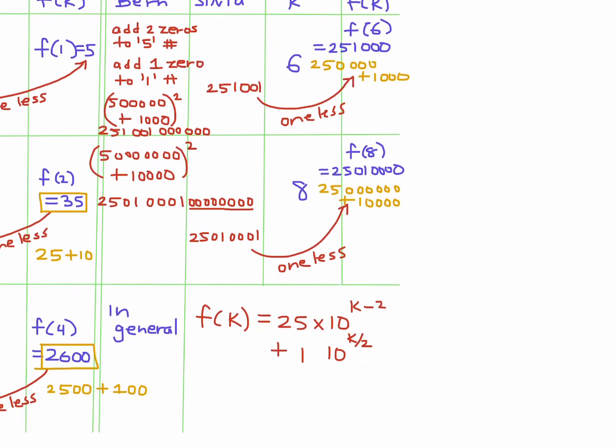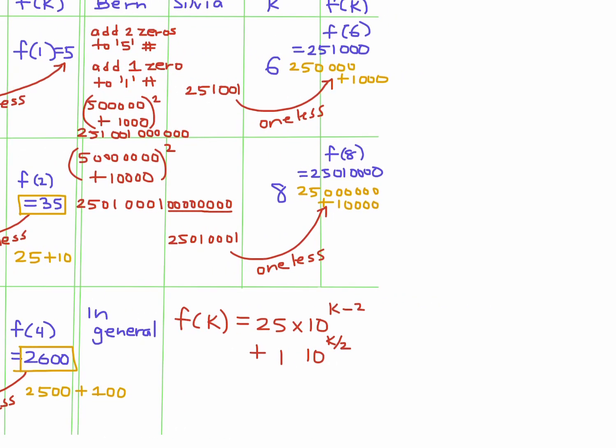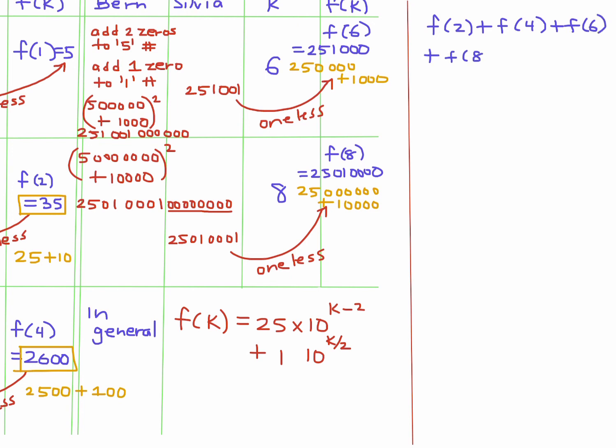Okay, so now let's figure out what they want me to figure out, which is a big long sum. And that big long sum is as follows. F at 2 plus f at 4 plus f at 6 plus f at 8, all the way, dot dot dot, you get the idea, all the way up until f at 2016.